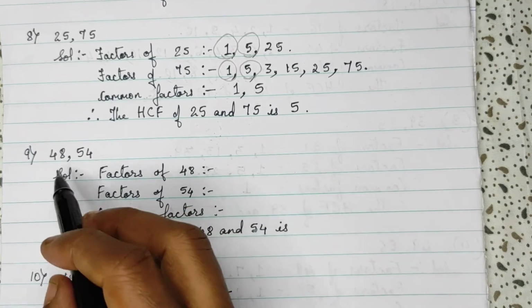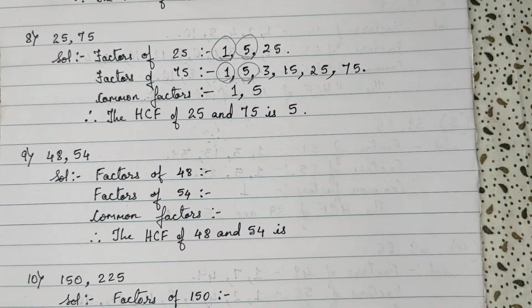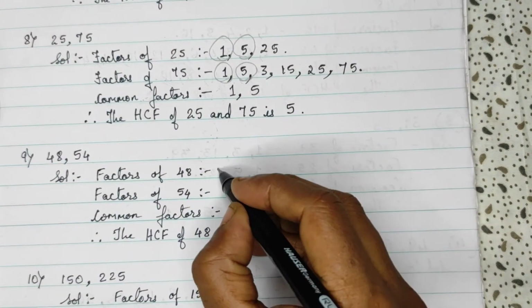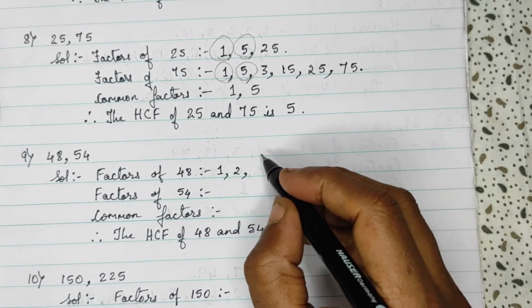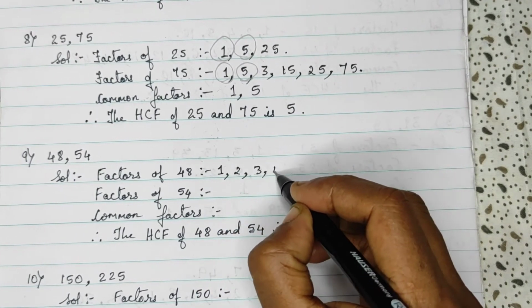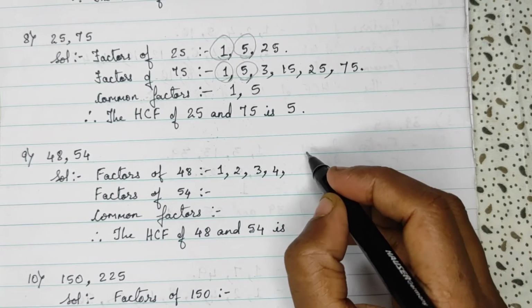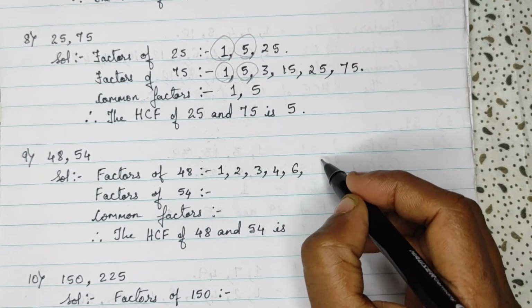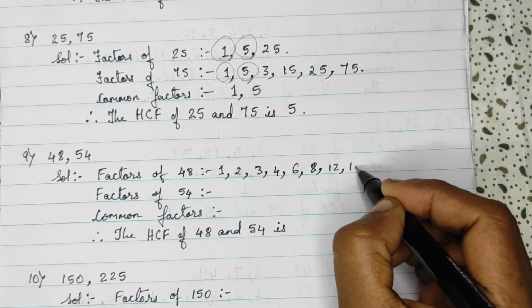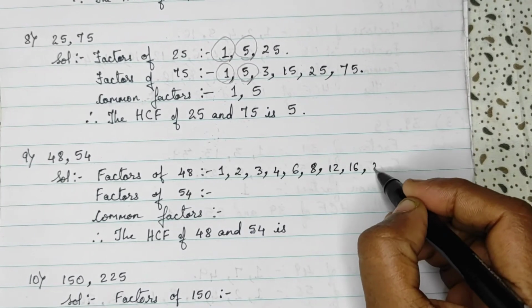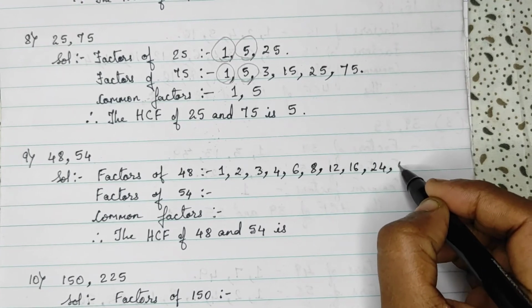Now 9th sum: 48 and 54. So factors of 48: 1, 2, 3, 4, 6, 8, 12, 16, 24, 48.